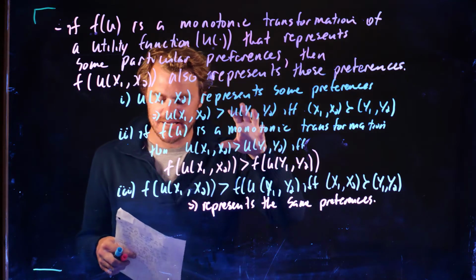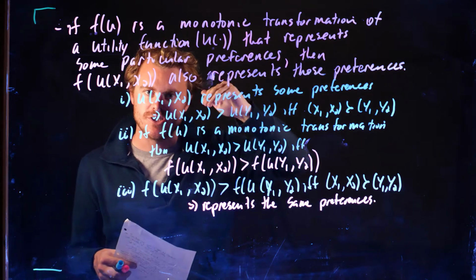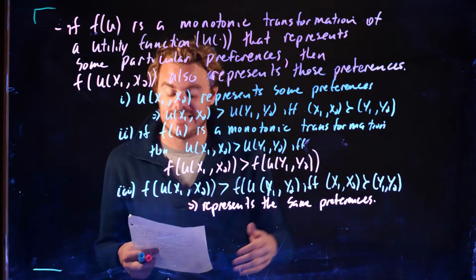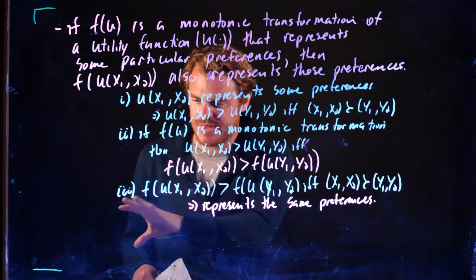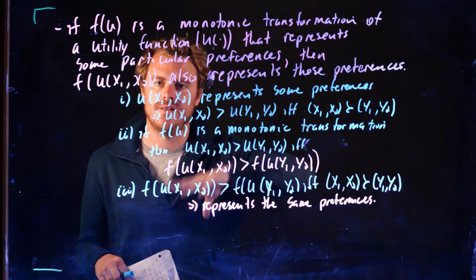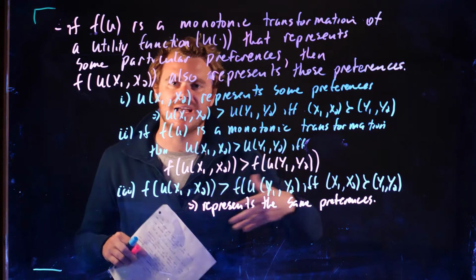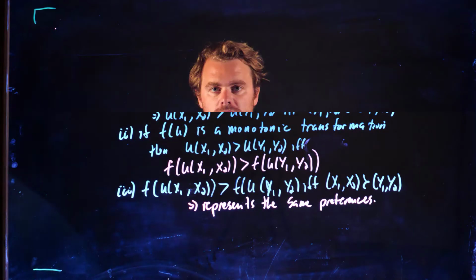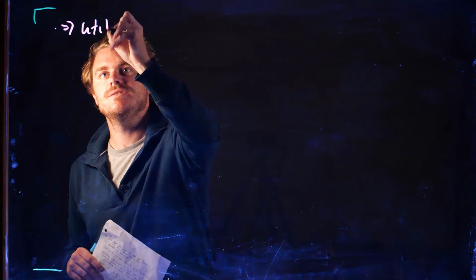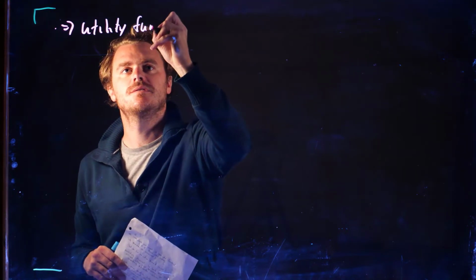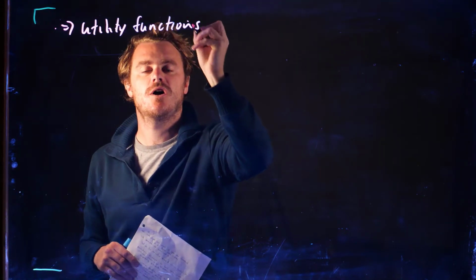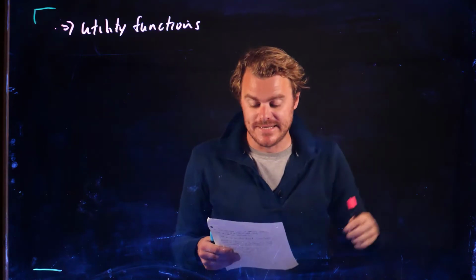So essentially, these utility functions are just a way to label these indifference curves. I don't think I have enough room to write this, so I'm going to erase this and let's sum up what we just discussed with ordinal utility. So utility functions are essentially just a way to label indifference curves.